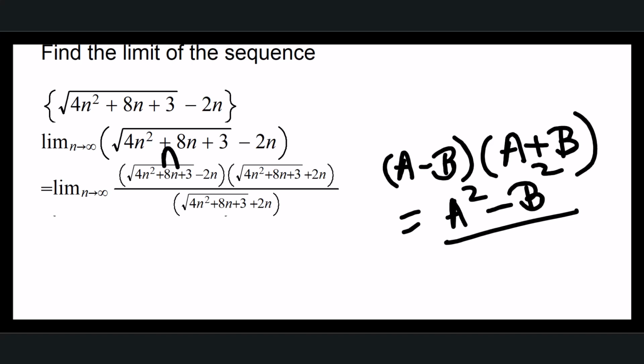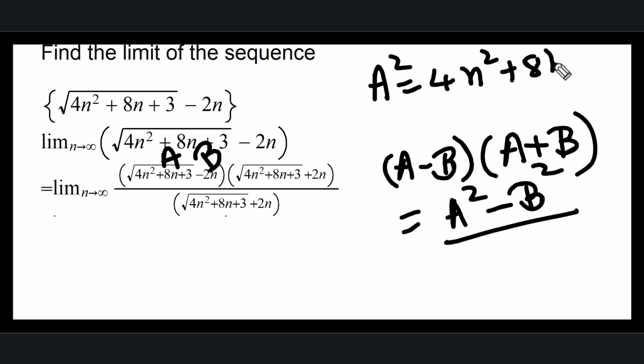So we are going to treat this as a, and that is b. So what is a square? A square simply is 4n square plus 8n plus 3, and b square is how much? 2n square is 4n square.